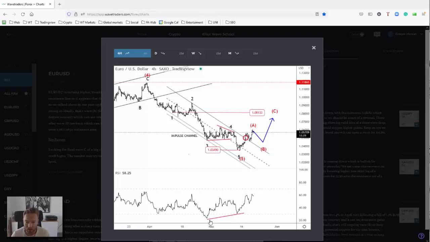Also, what I wanted to highlight here, we had a divergence at the bottom. So notice that previously, when this market was trading down here, still in a wave three, there was no divergence. So whenever I try to say that maybe the market is in the final stages of a downtrend, I want to see a divergence.